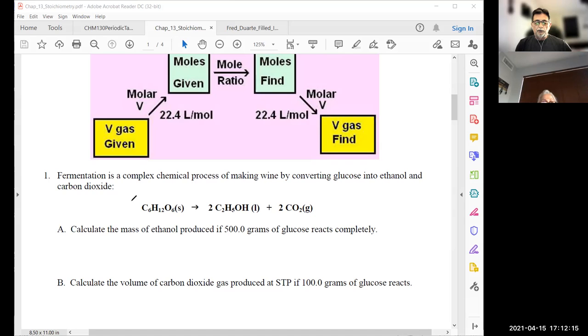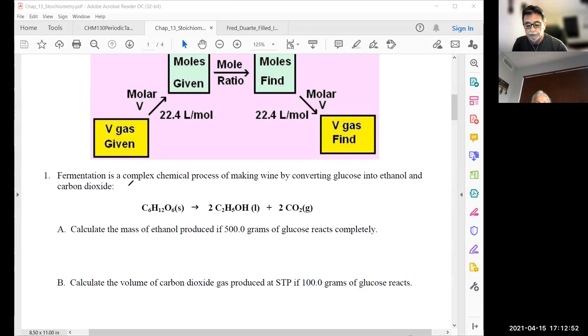So we're given this problem where we have glucose, which is a polyalcohol, reacting in the process to form ethanol and carbon dioxide. First things first, I realize that I'm going to need atomic weights. I already calculated them.